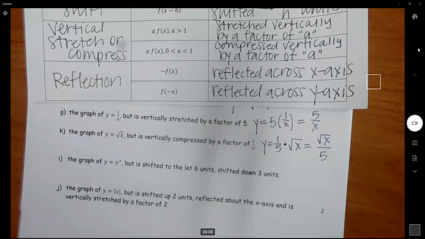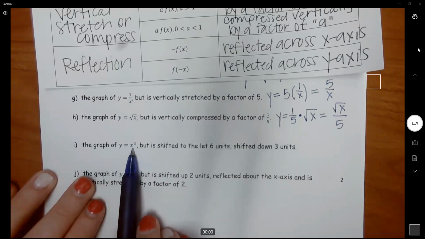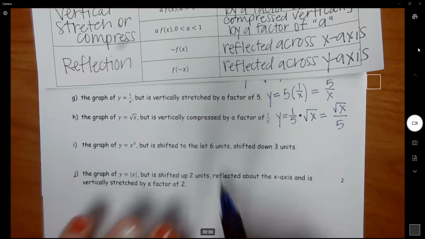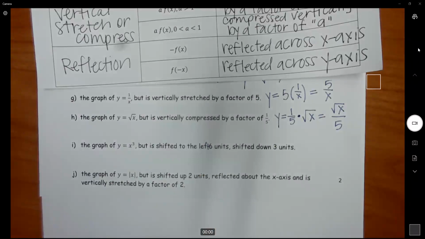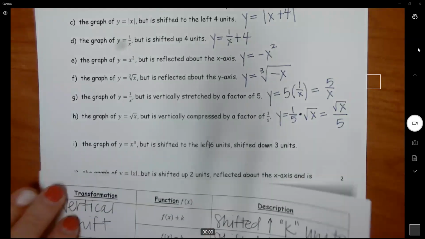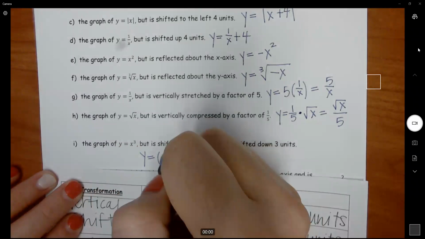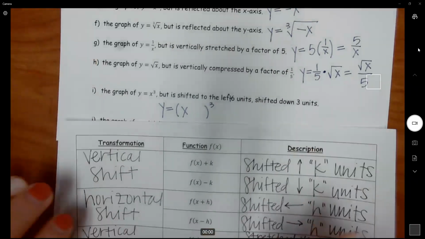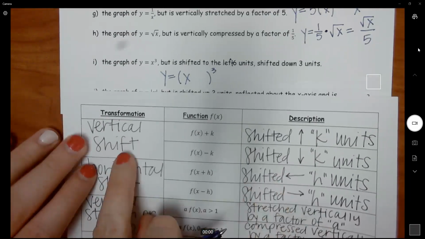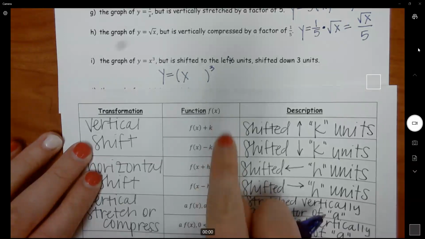Now on I and J, we're going to have multiple shifts. The graph of y equals x cubed, but is shifted to the left 6 units and shifted down 3. Okay. When we are shifting vertically, which is down 3, that goes on the outside of my function.